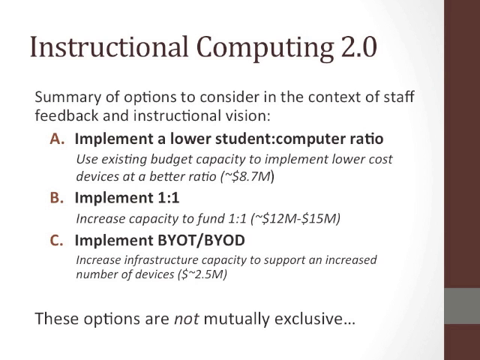In a BYOT situation, we would also need to consider using all or most of the capacity in the existing STP to make sure that we had computing devices sufficient to meet the needs of students not impacted by BYOT and to support staff in the basic functions of their job.